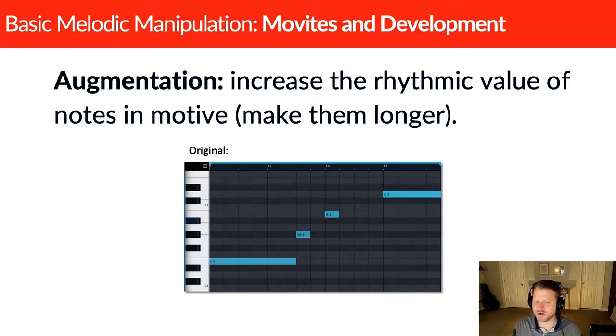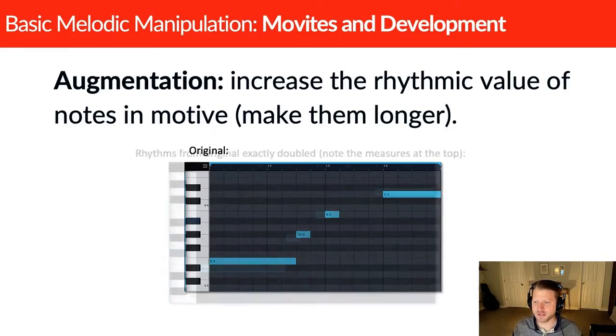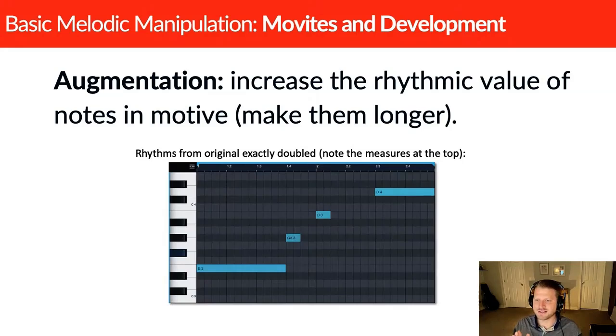But what I've done here is exactly double the pitches' rhythmic value in time, but also their starting points. I took the measure that had the motive in it and multiplied it by 2, so everything is exactly proportionally the same, just doubled.